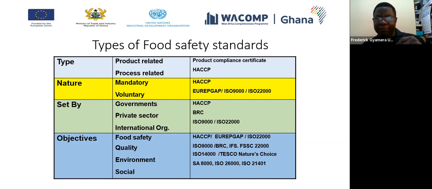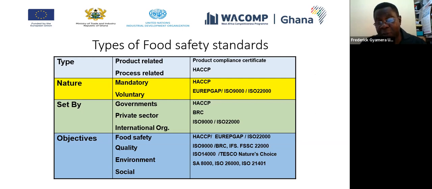Let's look at the nature. HACCP in some jurisdictions is mandatory, and in others, it's voluntary. Until the coming of our food law, you may regard the certification of a product to HACCP as voluntary.